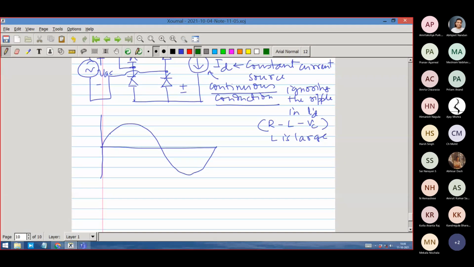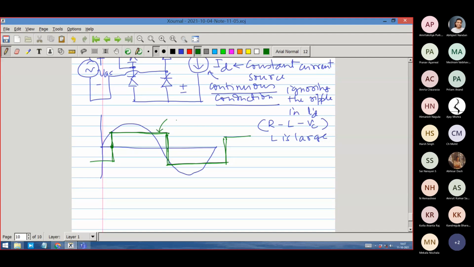Let us say firing angle is this. This is the current, AC current, right? DC current is flat, right? So the AC current is a rectangular waveform, right?